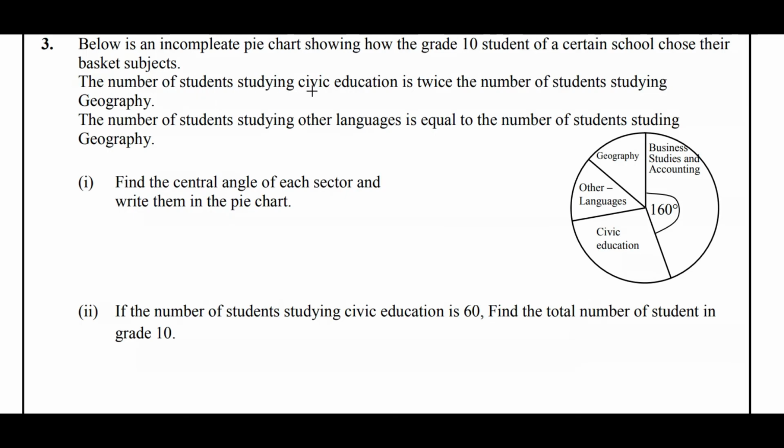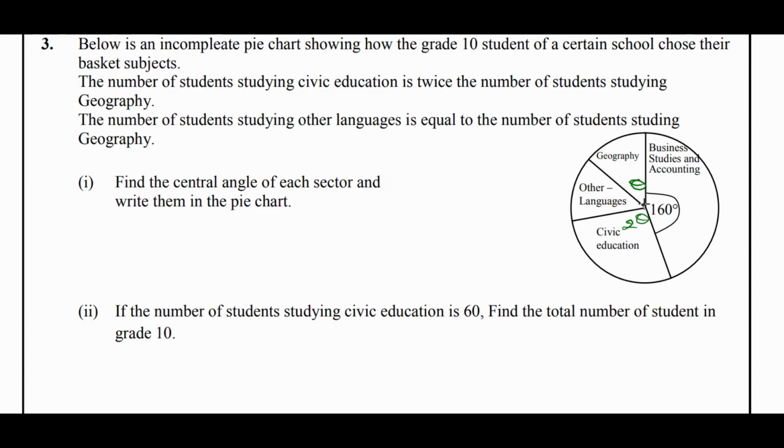The number of students studying civic education is twice the number of students studying geography, which means the angle will also be twice. This is the geography part. Then I will get this as theta. Then definitely this should be 2 theta because it is twice.